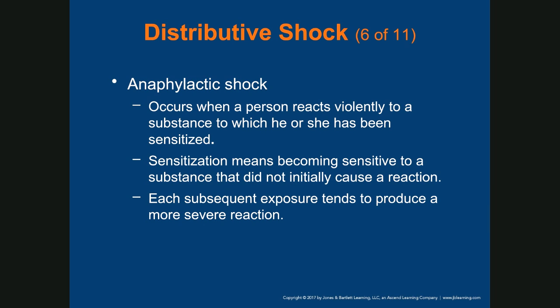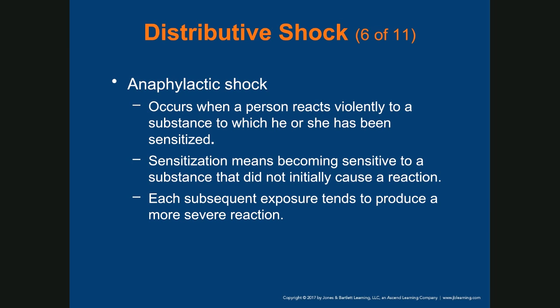Now, one of the things that occurs when we get an allergic reaction is the body produces histamine. And what histamine does is it dilates your blood vessels, which makes sense, right? Because when there is an anaphylactic or allergic reaction, white blood cells need to deal with the situation.